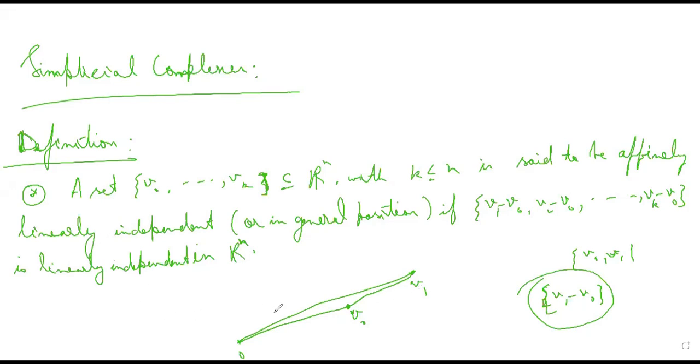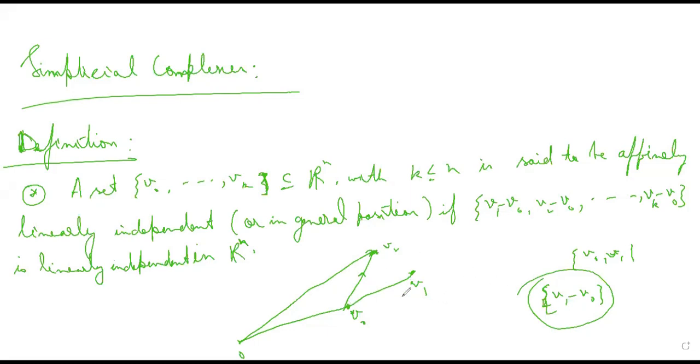Now, what if we take 3 points in R2? Suppose we take V0, V1, V2. So V2 minus V0 is this vector, and V1 minus V0 is this vector.